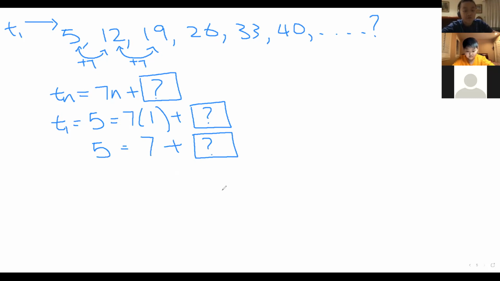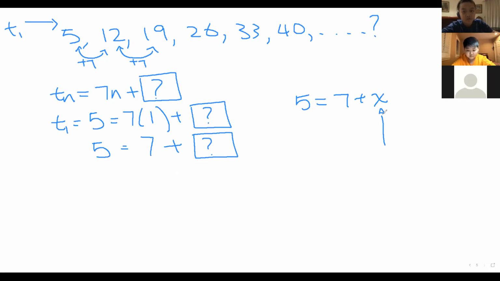So what is this mystery number? Well, I need to figure out what it is. This is essentially algebra. Think of this mystery number like this. If I rewrote this as 5 is equal to 7 plus x, then to solve for x, x must be alone, and it also must be positive.